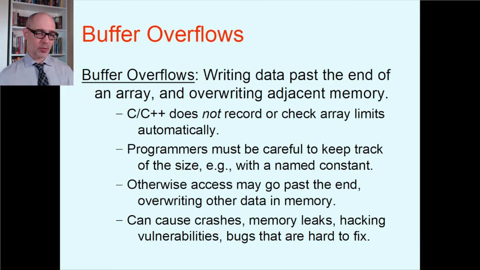So the reason why this is even possible is that these slightly older languages where the programmer has total control, C and C++, do not record internally how big your array is, and do not check automatically that you've gone past the end of the array. Newer languages like Java actually do this, right?